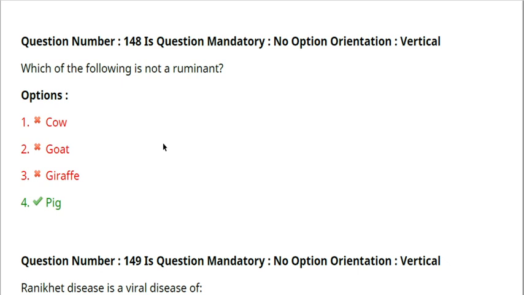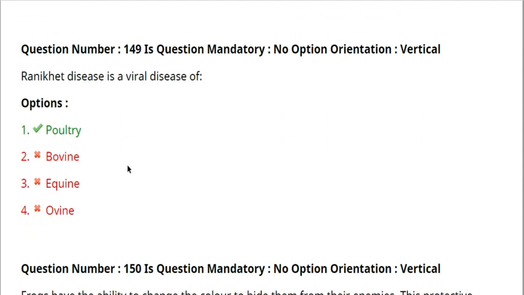Examples of non-ruminant animals include human, dog, swine, like that, friends, whereas examples of ruminant animals include cattle, sheep, goat, buffalo, deer. Okay, so cow, goat, giraffe are ruminant animals, whereas the pig, that is a swine, is a non-ruminant animal.